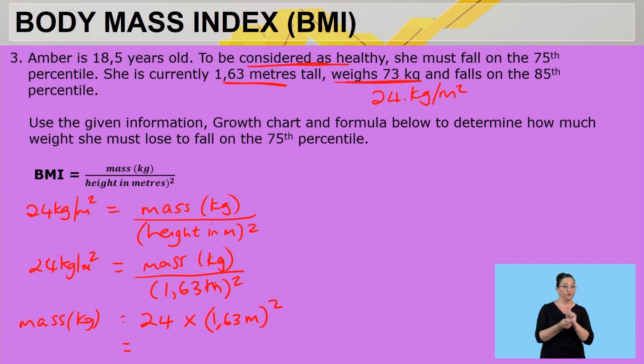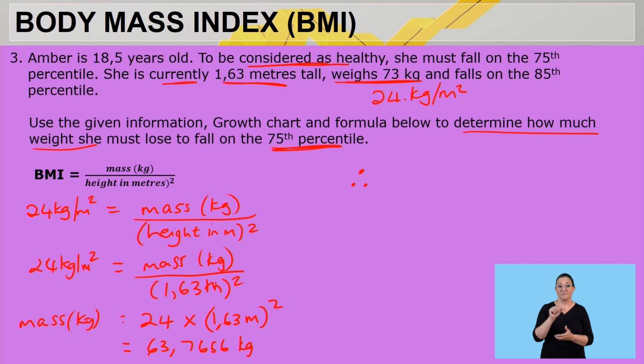I've changed the subject of the formula, and I get 63,7656. Remember, this is now kilograms. Our question wanted to know how much weight she must lose to fall on the 75th percentile. So therefore, remember, it says she is currently 1.63 meters tall, and she currently weighs 73 kilograms.